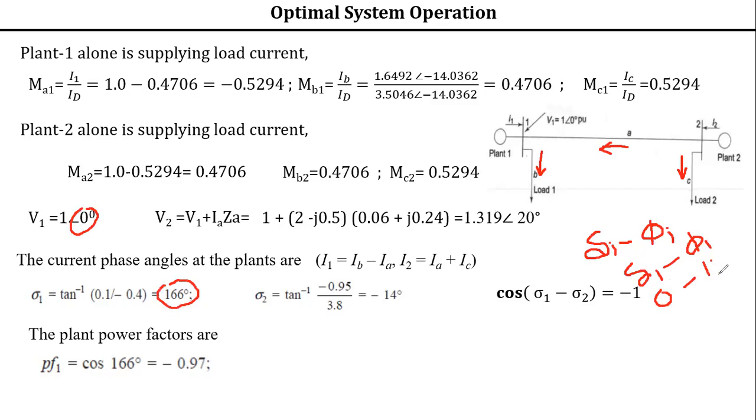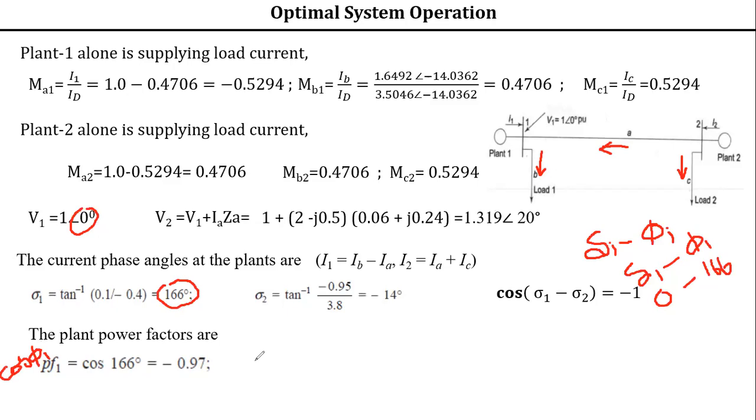So the value will be minus 0.97 you are going to get. This is the resultant angle, and cos of it will be your power factor cos phi 1. Understood? Okay, now cos phi 2.